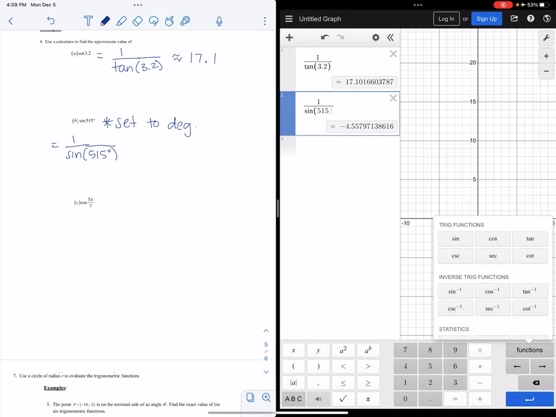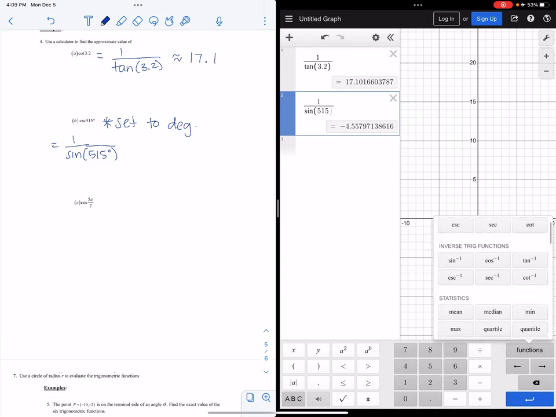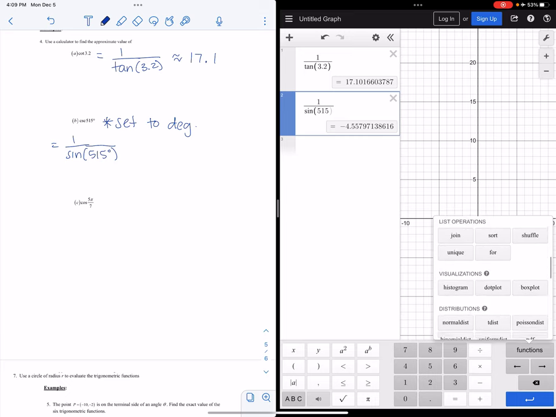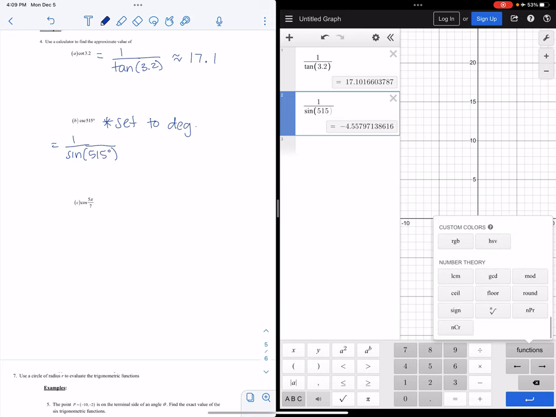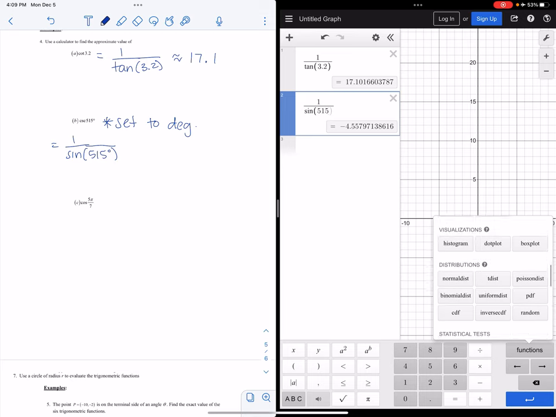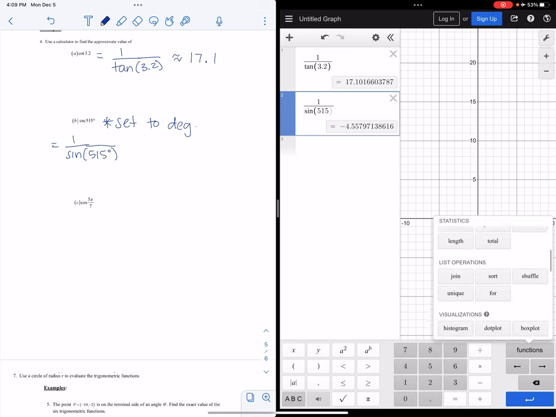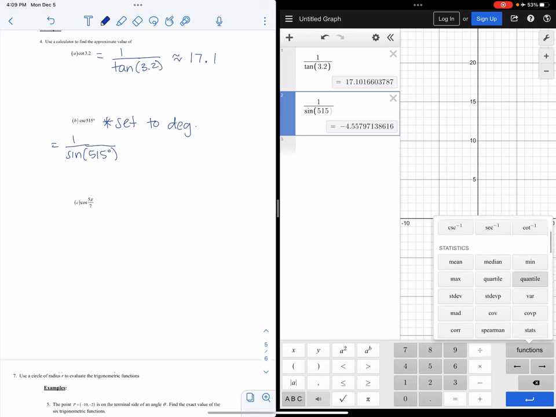Let's see here. It doesn't look like this has degrees.